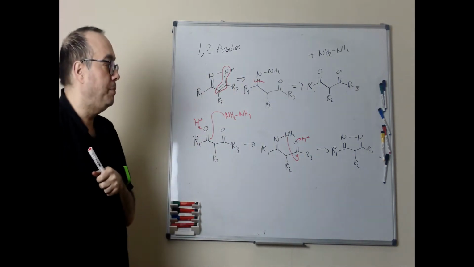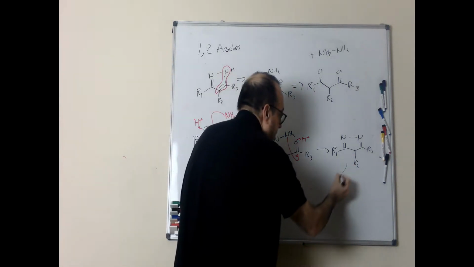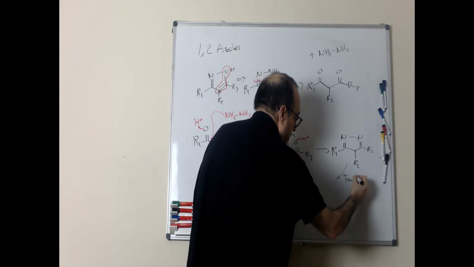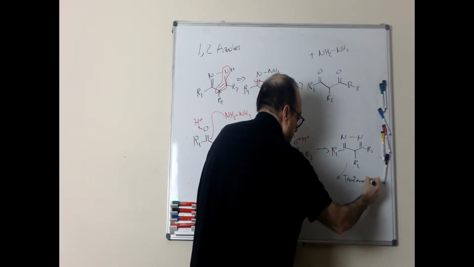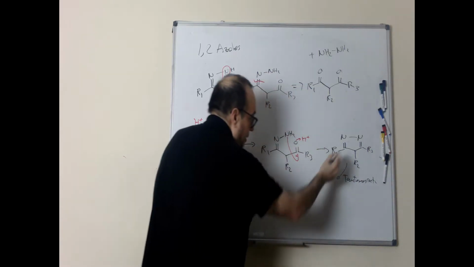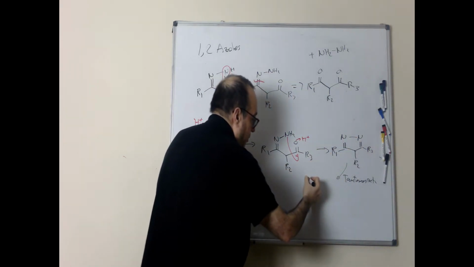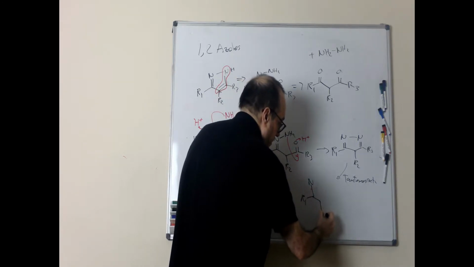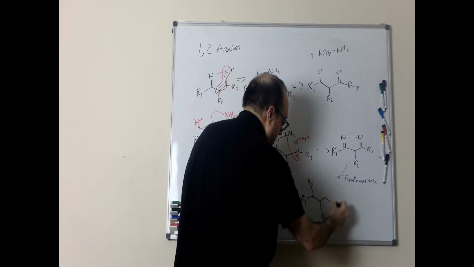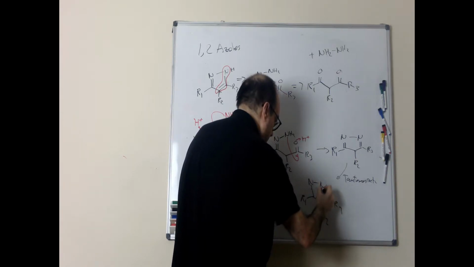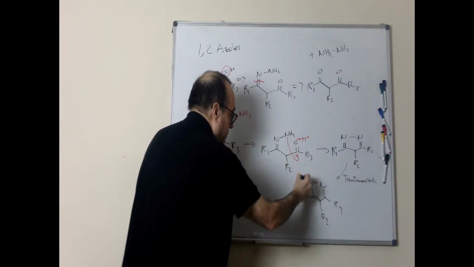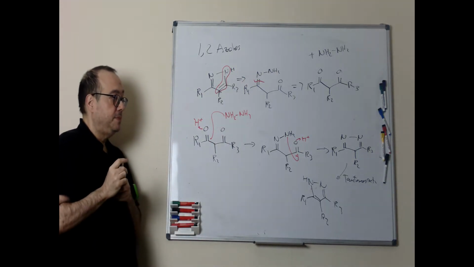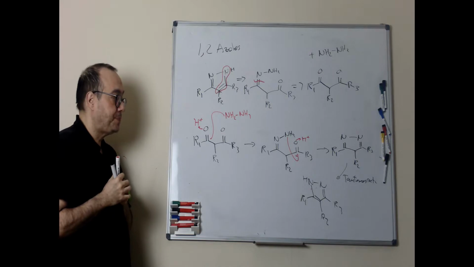We form this compound, and then simply tautomerization, and this imine or this enamine we can form to form the final compound. Okay?